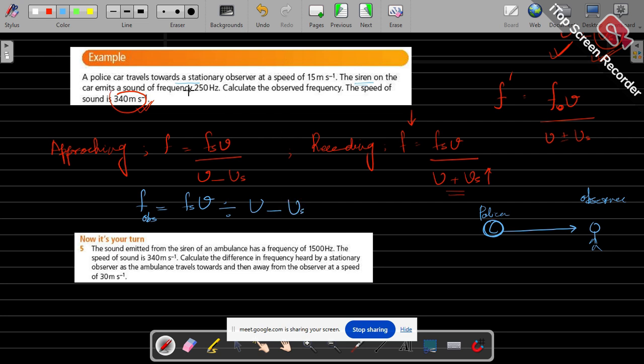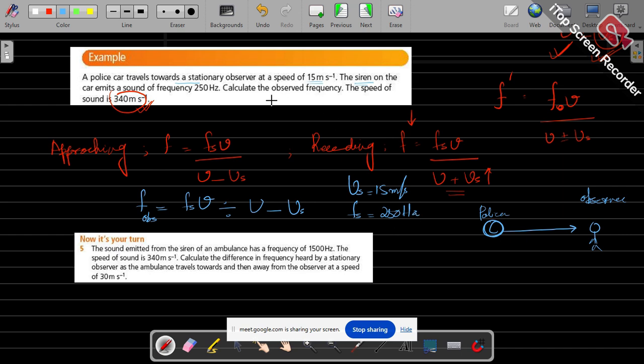So it travels towards the stationary observer with a speed of 15 meters per second. That is, here they have given us the speed of the source, 15 meters per second. Then the siren on the car emits a sound of frequency 250 hertz. That is, the original sound that the siren emits has its own frequency of 250 hertz.